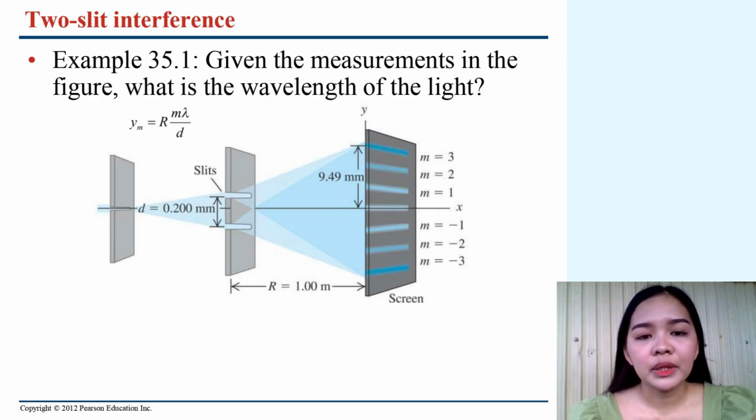Just plug in the numbers, and it results in 625 nanometer. So this is red-orange light. This is exactly how we measure light wavelengths in some laboratories.